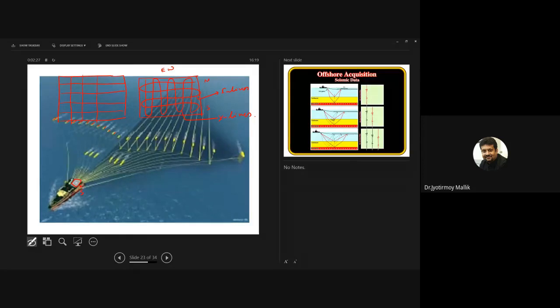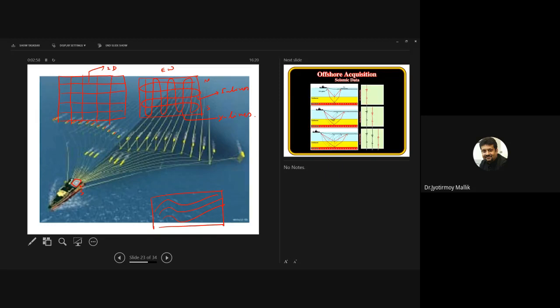If I just pick up one individual inline or cross line, this data is 2D, two-dimensional data, because it will provide you one cross section of the subsurface if you process that data. So one cross section, two, three, four, and then one, two, three, four, five. They are like cross cuts of the subsurface, but this is still not 3D.